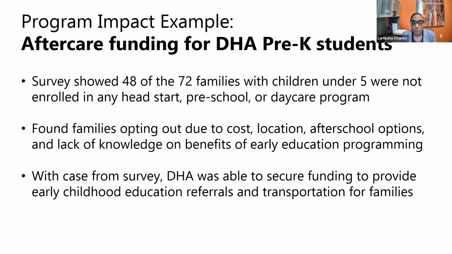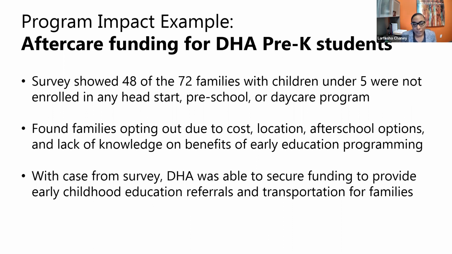Through the surveys and the numbers and the data, our partners were able to determine that $30,000 was something that they were willing to give the Decatur Housing Authority to ensure that these families received the education that they needed to ensure that our students were properly prepared for primary years.